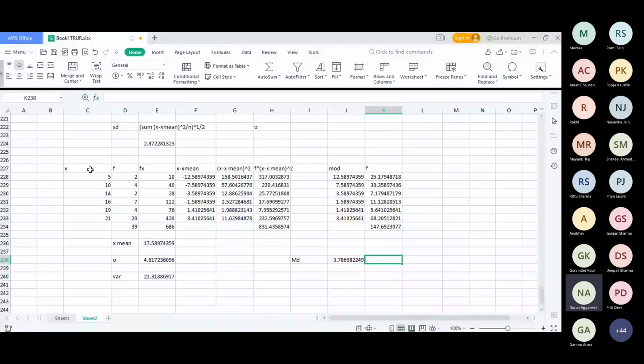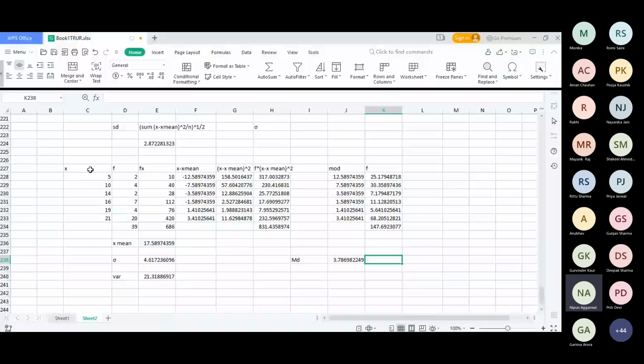So the same process as in the discrete grouped data case can be done for continuous grouped data. That is the way we can calculate all this for continuous grouped data also. Fine, so this covers your measures of dispersion.